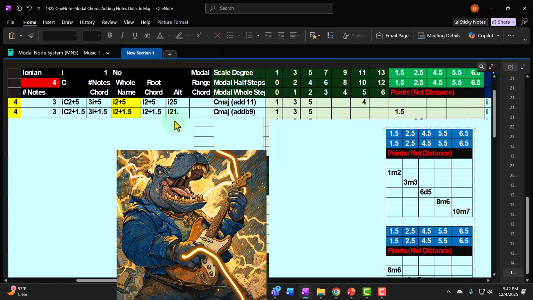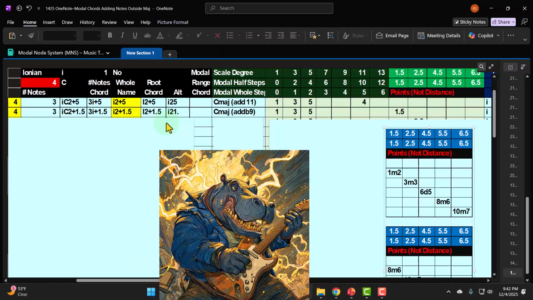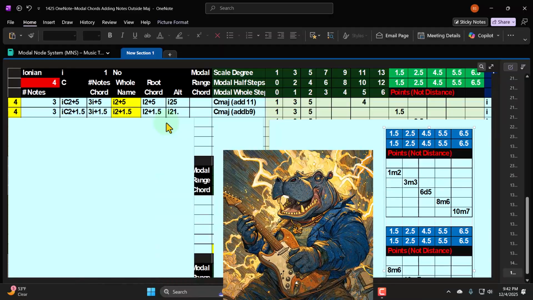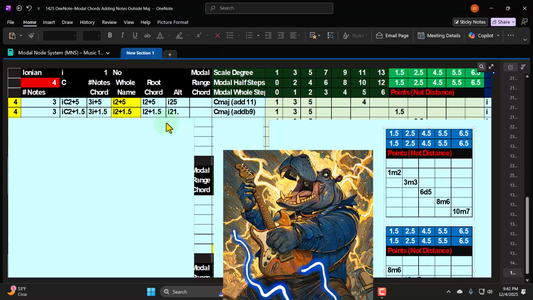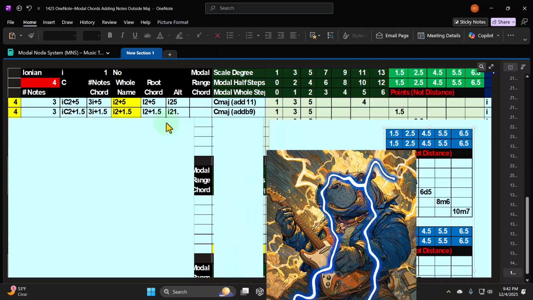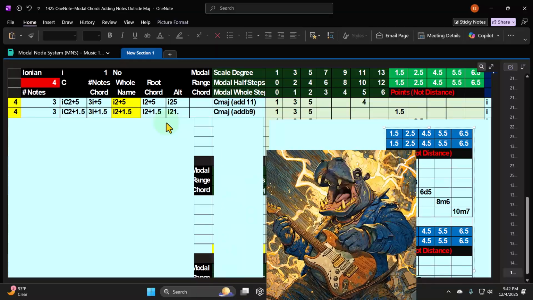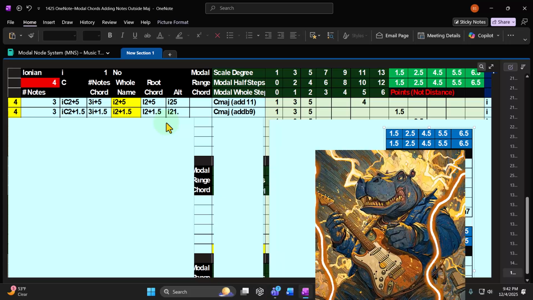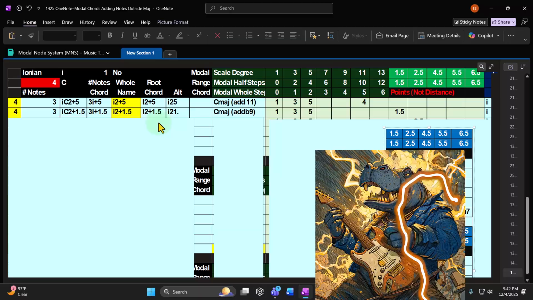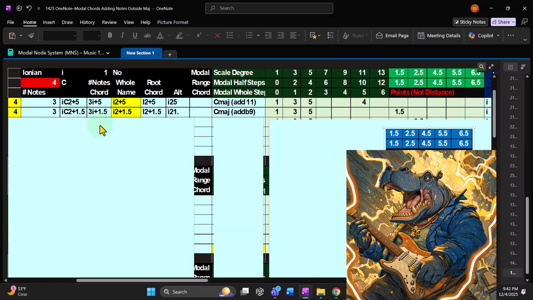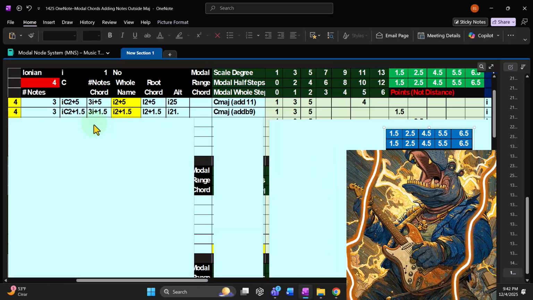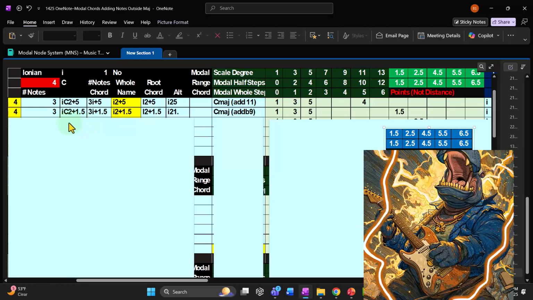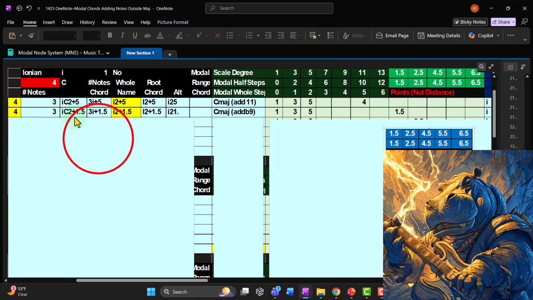So I could just call it an I2 point, meaning 2 modal whole steps out, and the point doesn't mean 1 modal whole step, it means 1.5, but there's only a 5, therefore we can drop the 5 and just call it a point, and that always means the 0.5 in the middle, or sharp if you want to call it that. We can also call it a 3i plus 1.5, meaning it's a 3-note Ionian chord, and then adding the Ionian Ocean note, and we could add the C name if we wanted to.